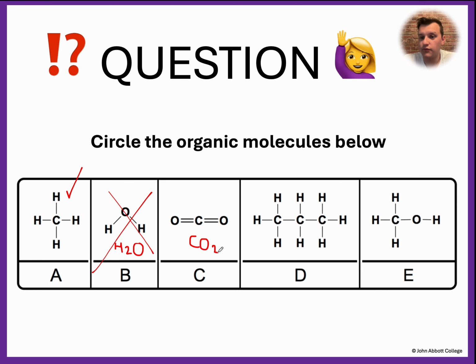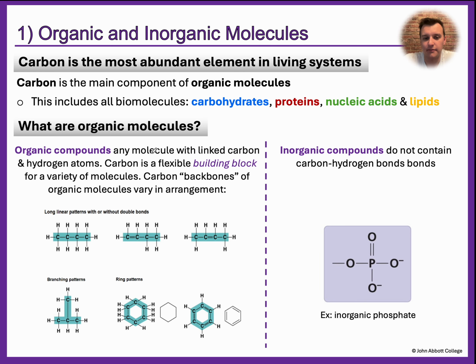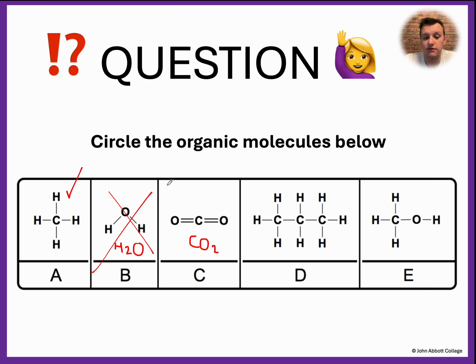So we exhale out CO2 after our cells process the oxygen that we bring in. So this has CO bonds, but remember our strict definition is that organic compounds are any molecule with linked carbon and hydrogen. So this would not fit our definition.